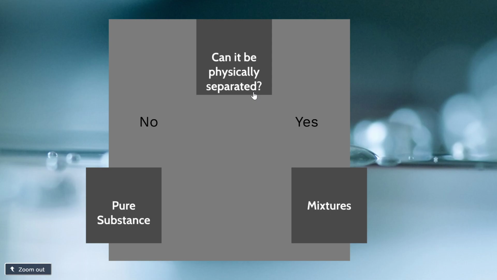The other thing is, can it be physically separated? So if you can physically pick it out, so if you can identify a color and then take that color out, that's an example of a physical separation.